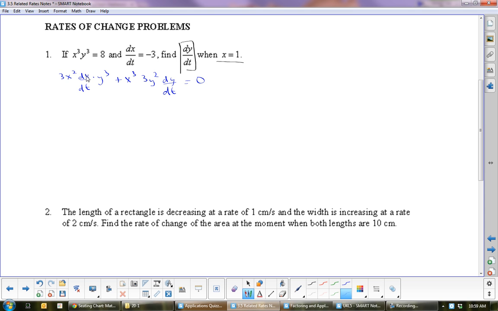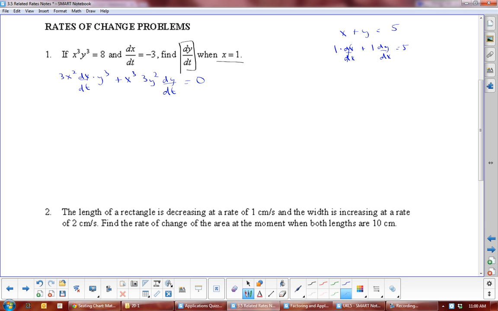Because all the other times in the past, if you had, say, find the derivative of x plus y equals 5, this would be 1 times dx over dx plus 1 times dy over dx. So that would cancel. We never did do it, right? We just said if it's x, just implicitly derive the y part. So whenever we're doing these rates of change, you've always got to do it with respect to t. Okay?